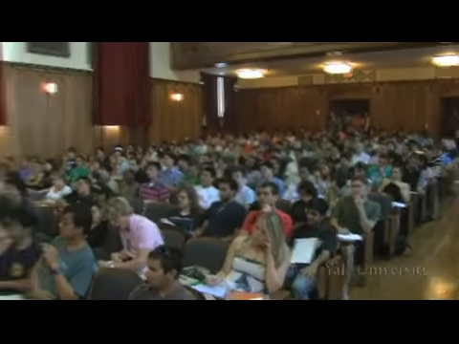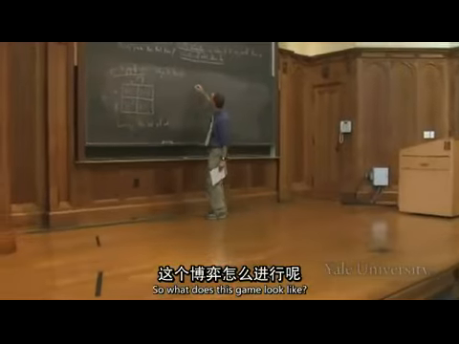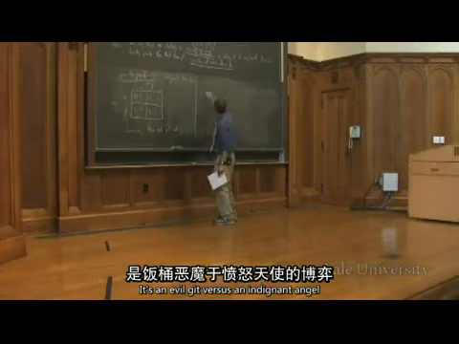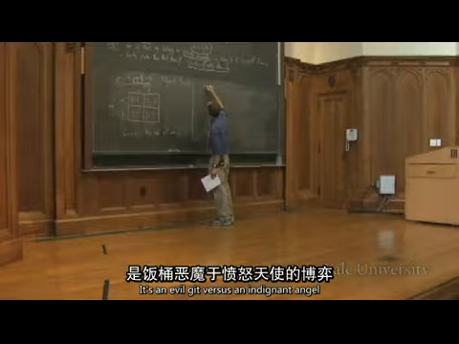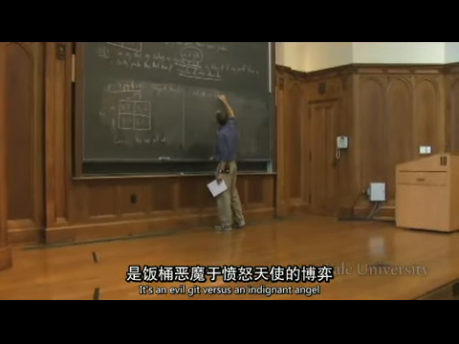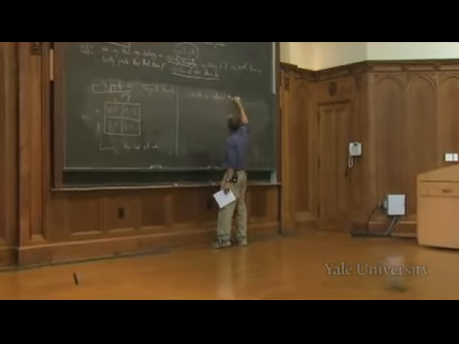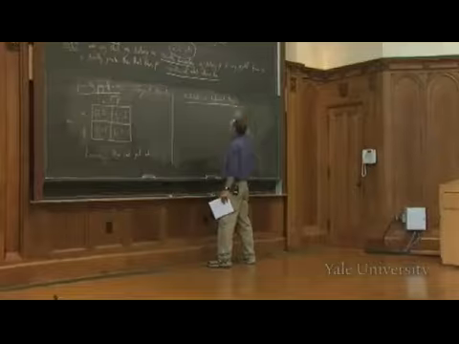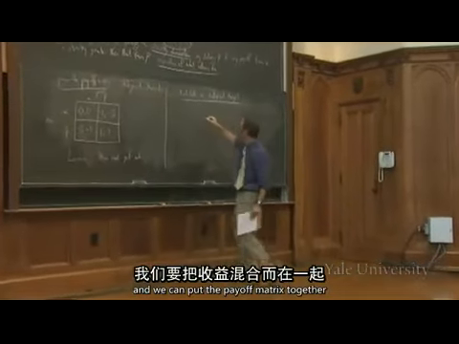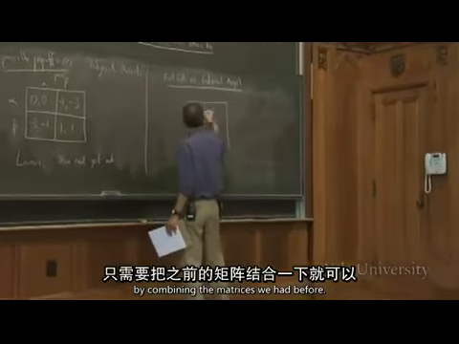Let's analyze this combined game. So what does this game look like? It's an evil git versus an indignant angel. We can put the payoff matrix together by combining the matrices we had before.